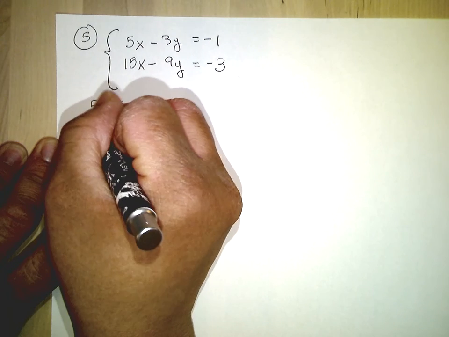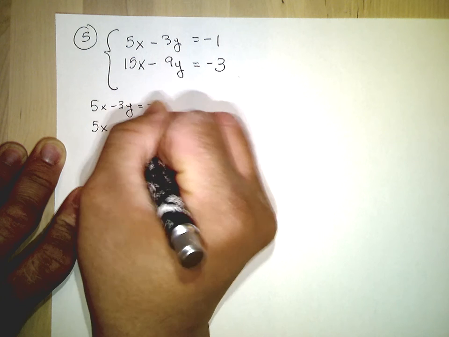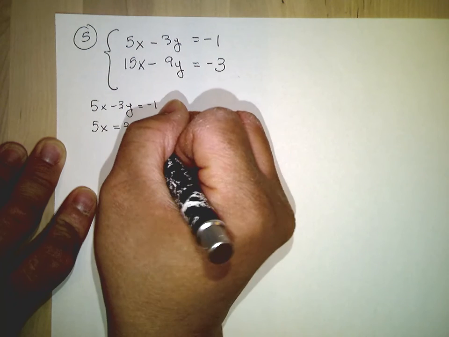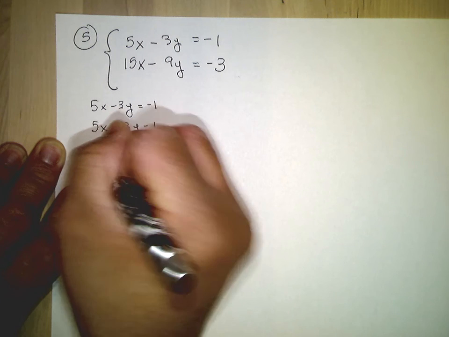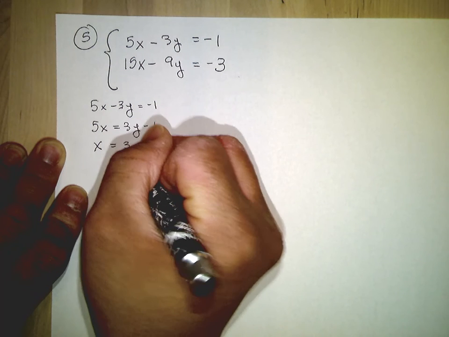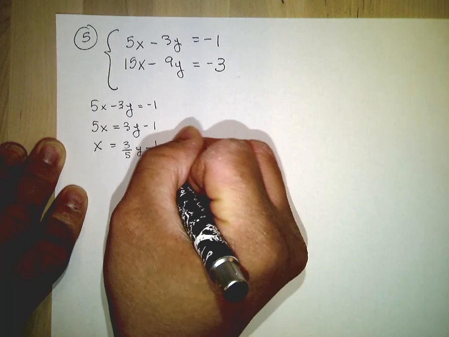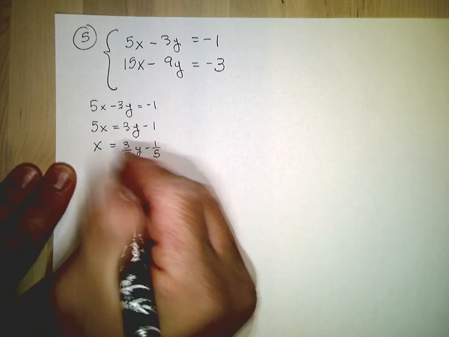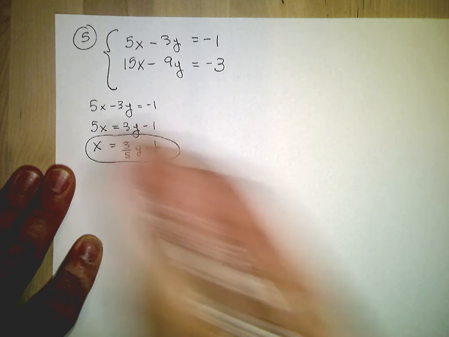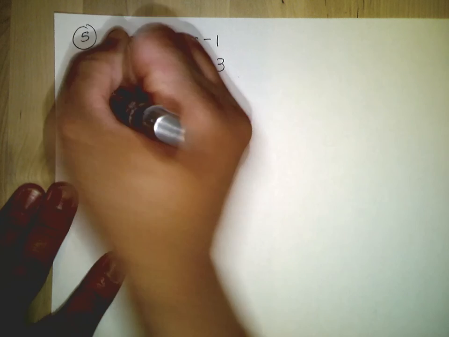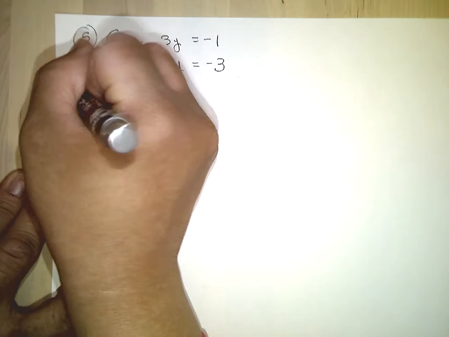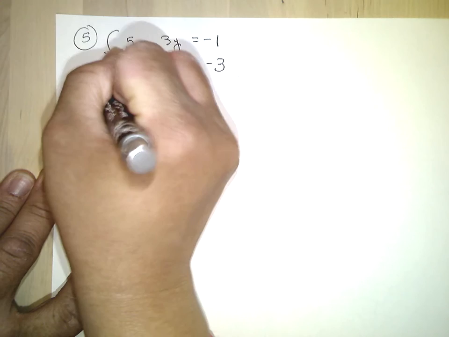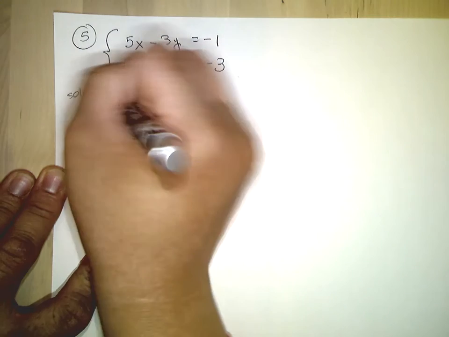So we have 5x equals 3y minus 1. And then x is 3 over 5 y minus 1 over 5. All right, so now I'm going to just do this one with the fraction just to show you how one might work anyway.